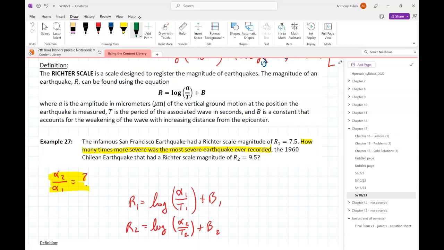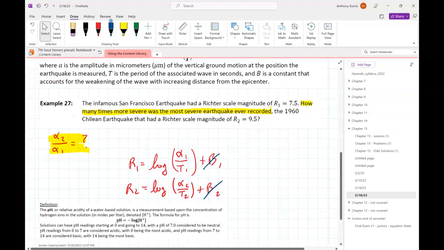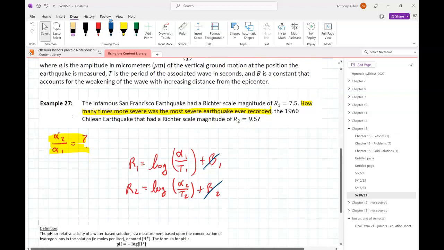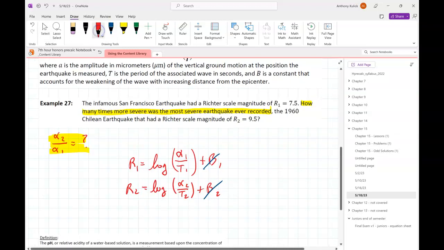So that's like 7.5 at the epicenter, or 9.5 at the epicenter, right? So what does that mean for the B's in this situation? They're just zero, right? Yeah. So we can just forget about the B's. So, all right, well, that's something.